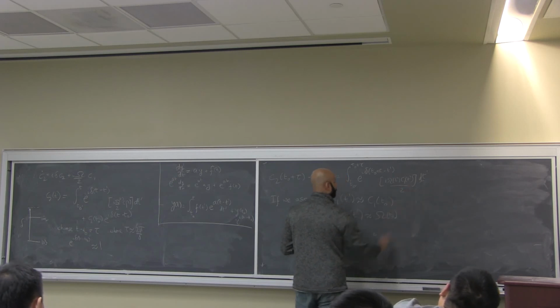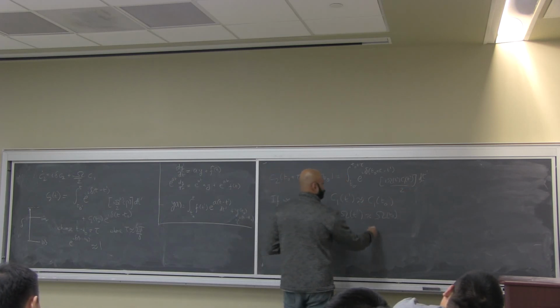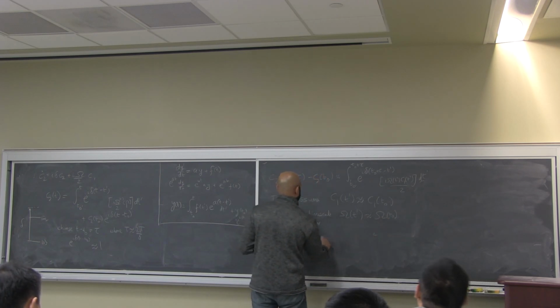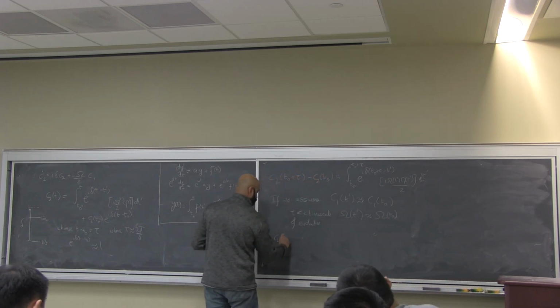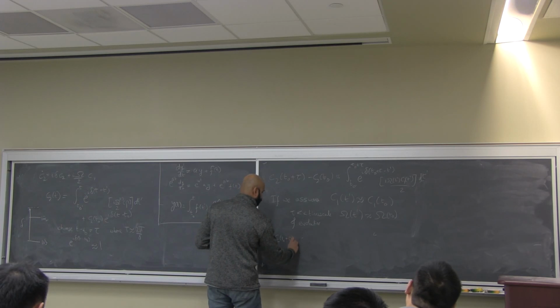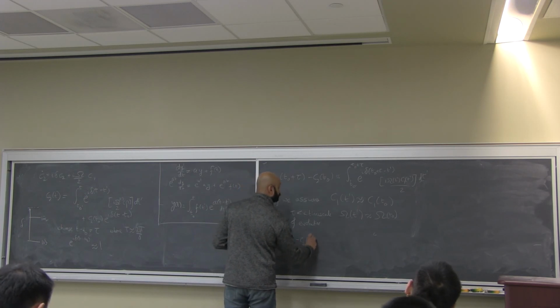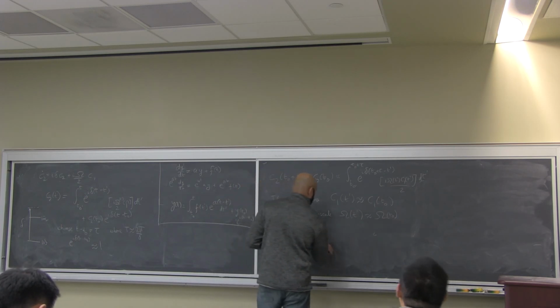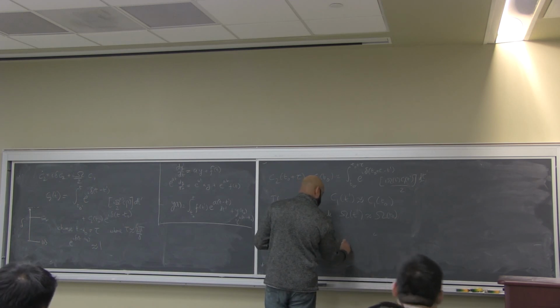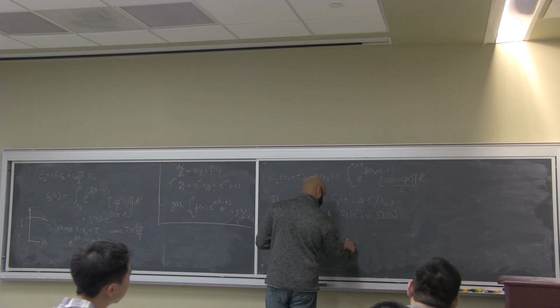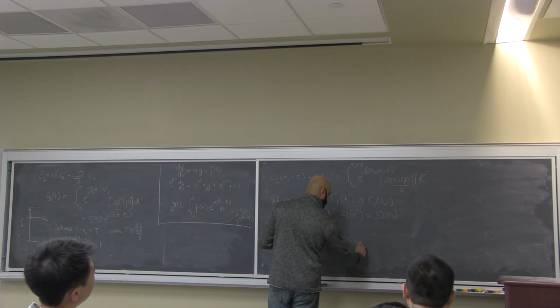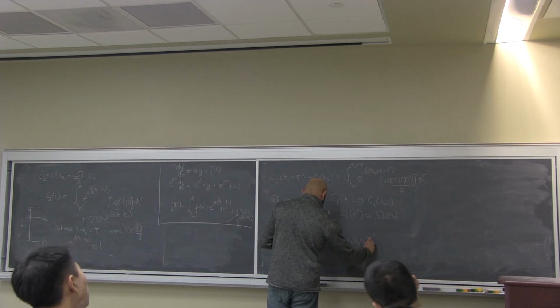Then this integral becomes much easier. We don't have to deal with these; they can just be pulled out of the integral. C2(t_0 plus tau) minus C2(t_0) is approximately i omega at t_0 C1(t_0) divided by 2.